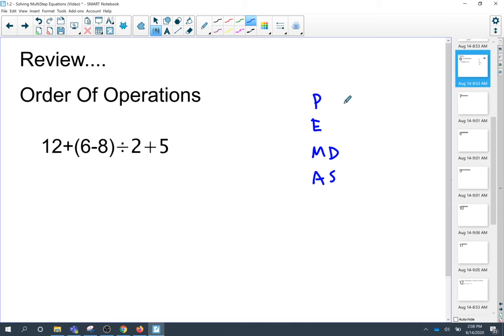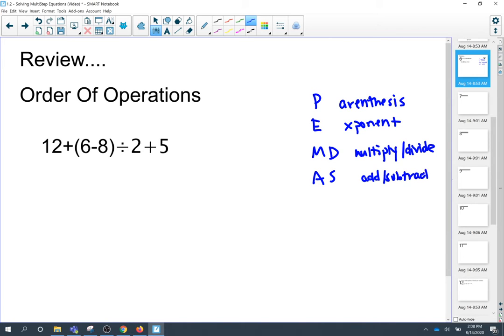P, if you forgot, is parentheses. E is exponents. MD is multiply/divide. And then AS is add and subtract. Now, teachers write this in different ways.